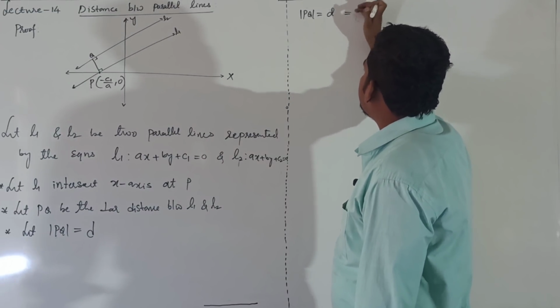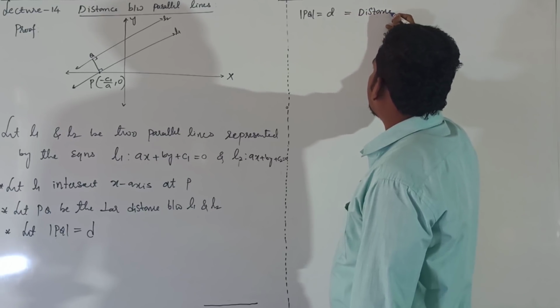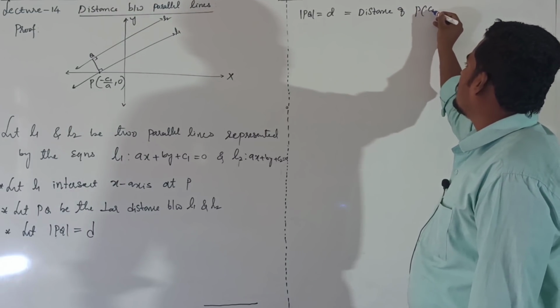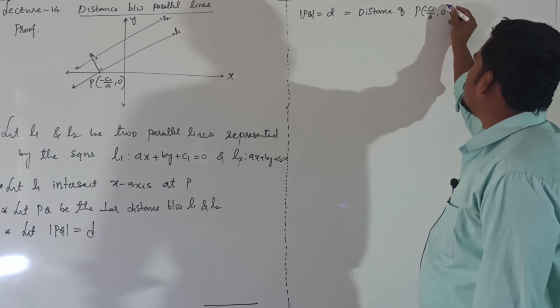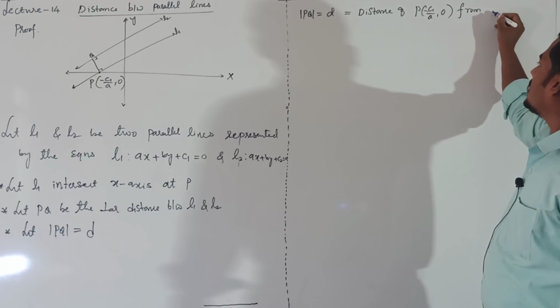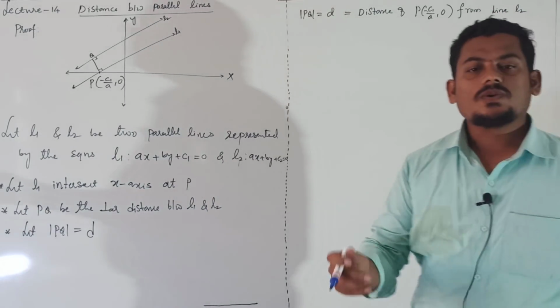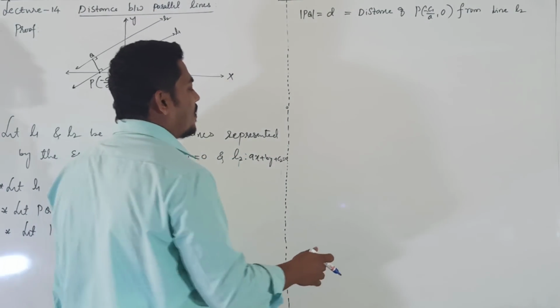This is nothing but the distance of P, minus C1 divided by A comma 0, from line L2, right? Already you know the distance of a point from a line formula. Distance between point and line.